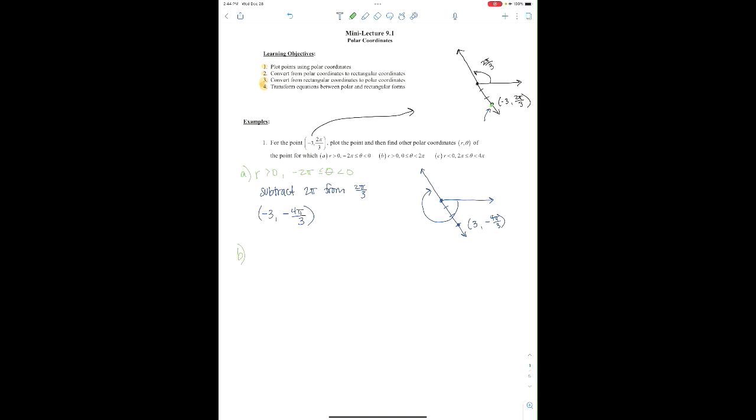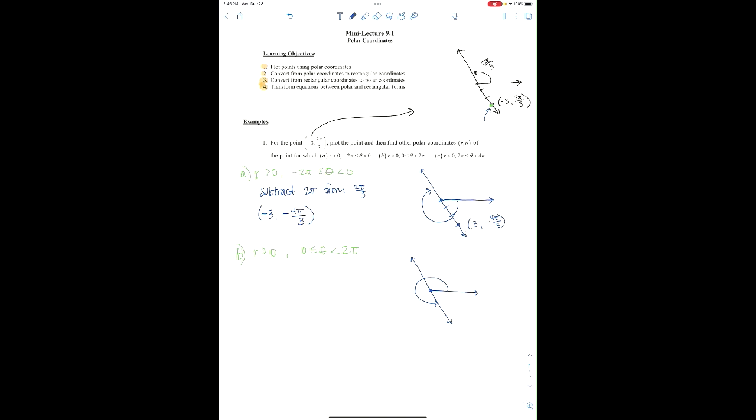Okay, so our second one: r is positive again, but this time theta is between 0 and 2 pi. 2 pi would be going all the way around, so we stay between 0 and 2 pi and don't go over 2 pi.